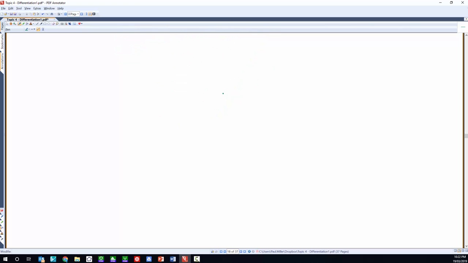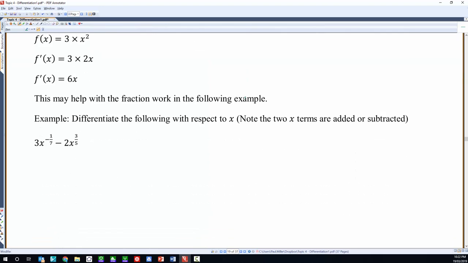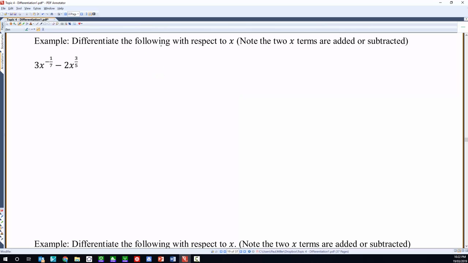So there's a lot more space on this page to allow for the first principles, but in the end I pulled the pin on that, just not necessary. Right, so what we're going to do is differentiate this. So again, we're going to say let y equal the expression. Okay, and then we're going to find the derivative, dy dx equals, right, so I'm going to do 3 lots of negative 1/7, which is 3 on 7 x.